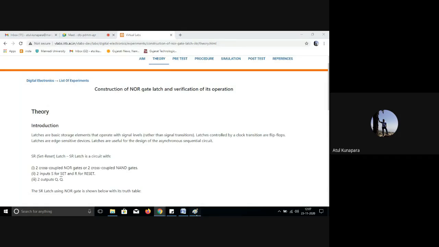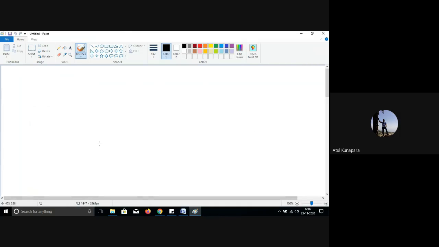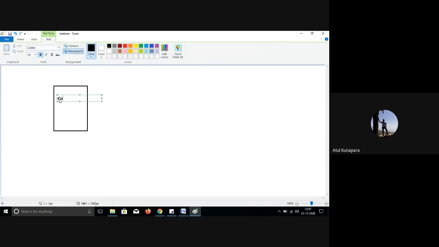What I mean to say is, let me draw one circuit here. Suppose this is one small circuit, and this is your combinational logic circuit.